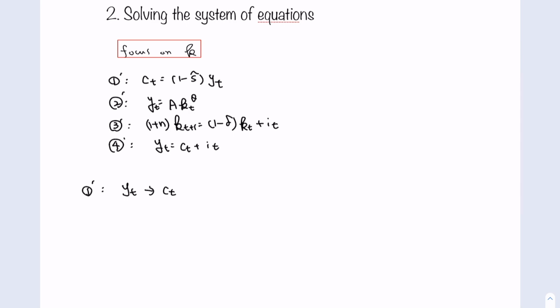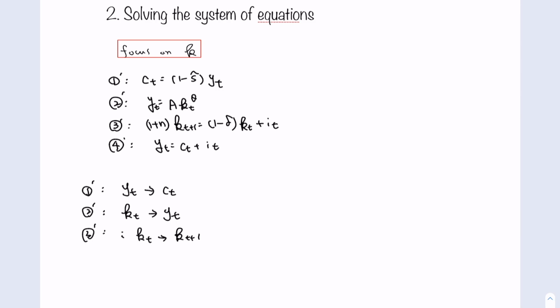If we know the value of the output, then we will be able to come up with the value of consumption. From the second equation, as long as we know the capital stock at time t, then we know the output per capita at time t. So if we combine the first and second equations, once we know k, we know y, and then we know c.